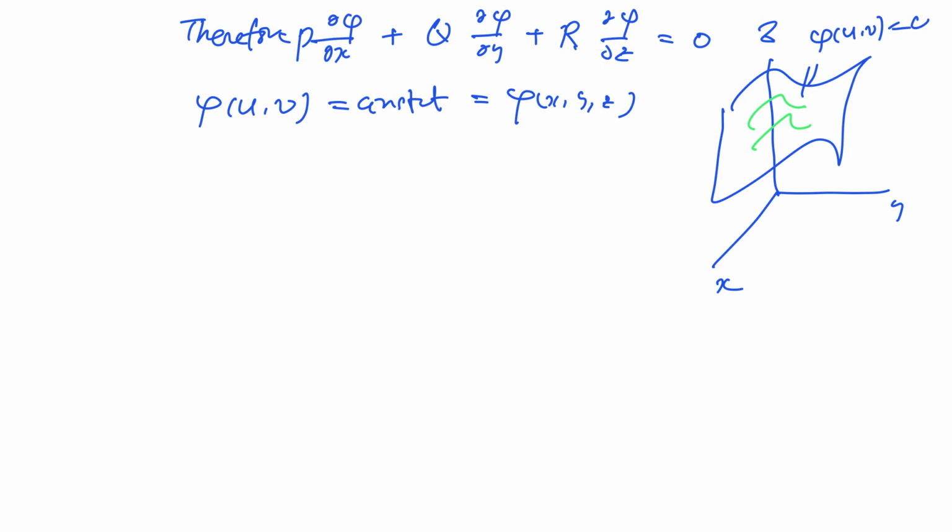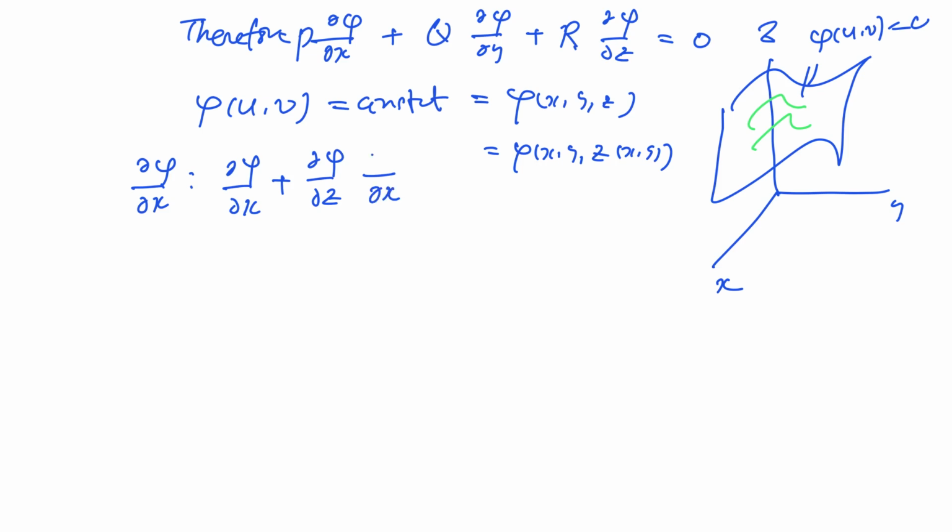Then if we take a partial derivative, what happens? Because this φ is a function of x, y, z, with z depending on x, y. This is ∂φ/∂x plus ∂φ/∂z times ∂z/∂x, right?